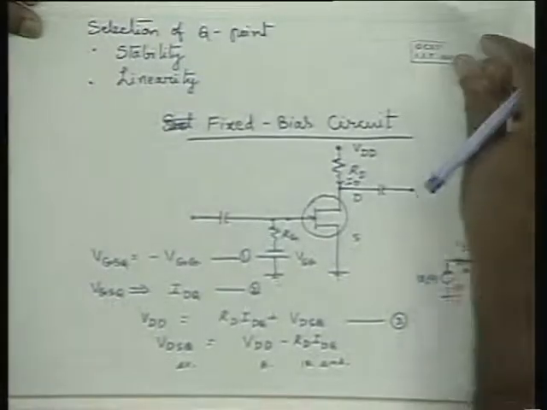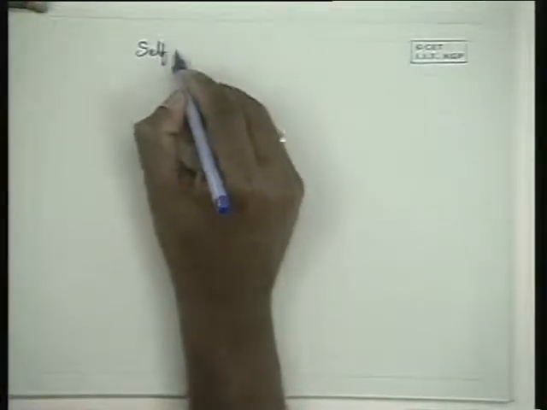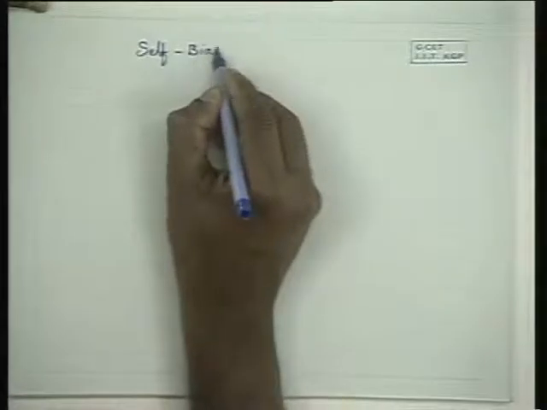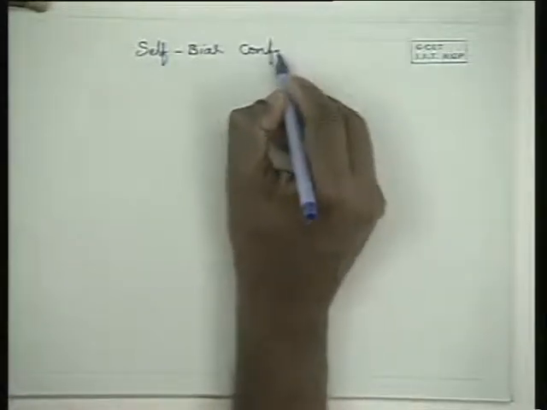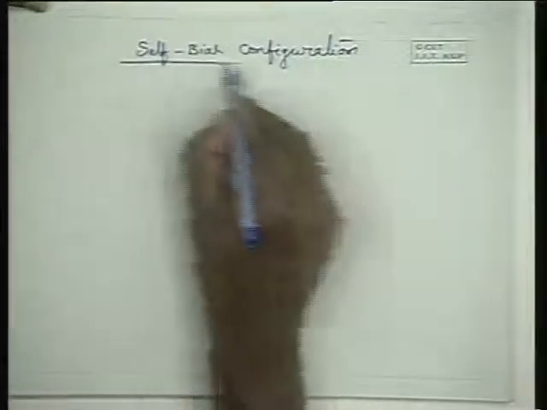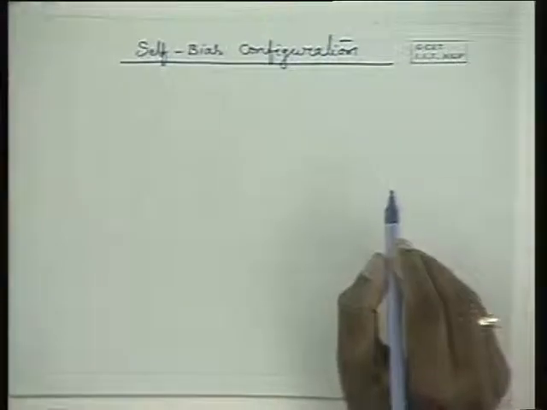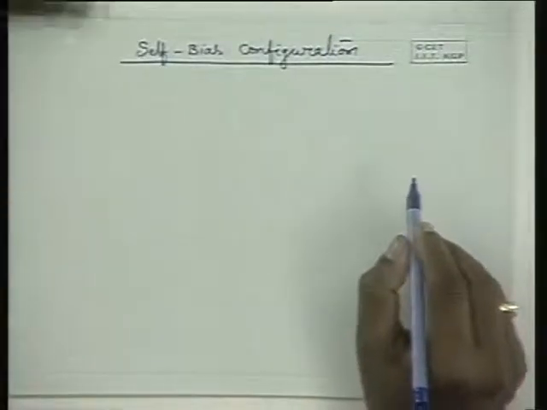Therefore, now let us look for better circuits than the fixed bias circuit, and we have a self-bias configuration. This configuration is a stable configuration.